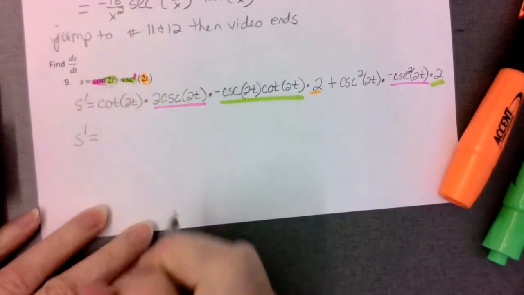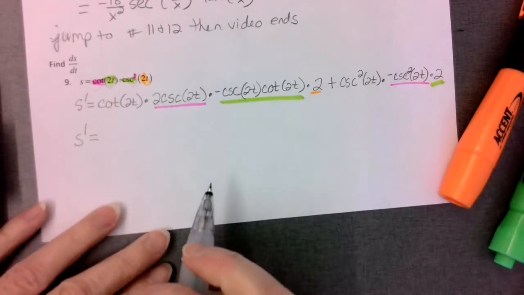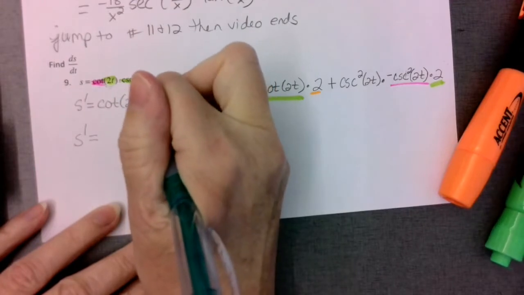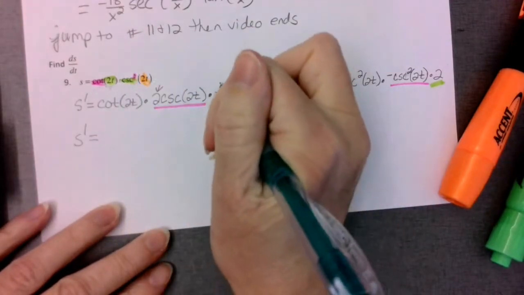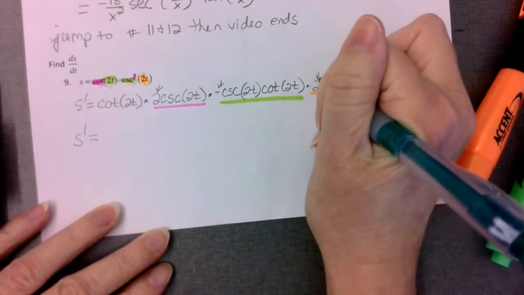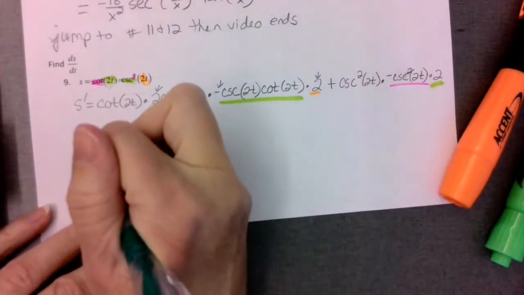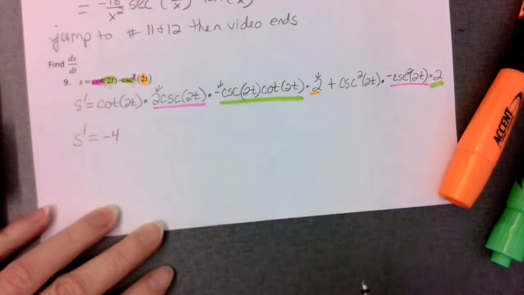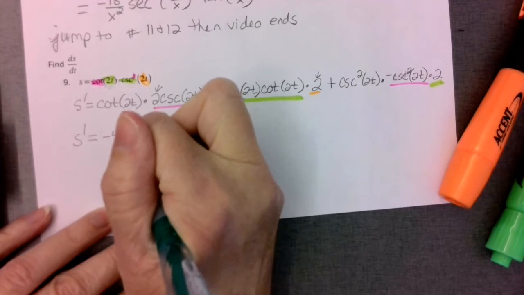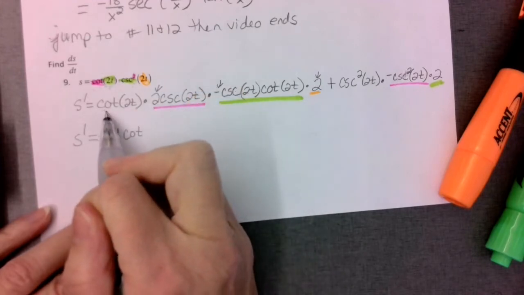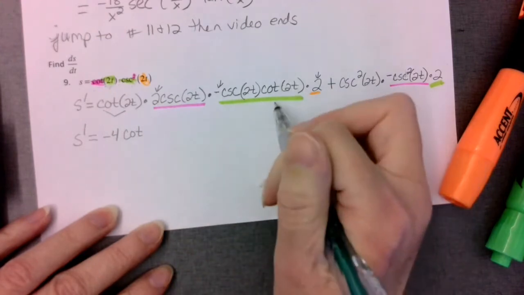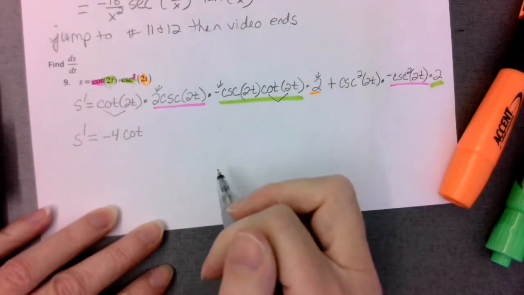Simplifying is next. As I look through, I'm figuring out who's a coefficient that moves to the front. So you look in front of all your trig functions and at the end. Combining them all, we have negative 4 for a leading coefficient. I have my cotangent of 2t here, but I also look down the list, don't go past the plus sign, I have a cotangent here.